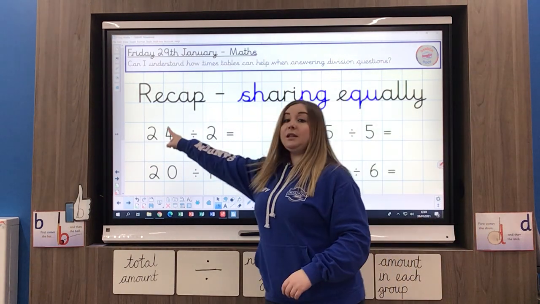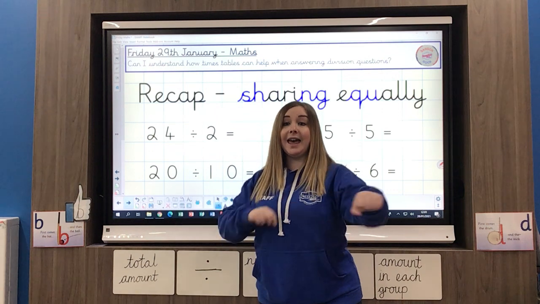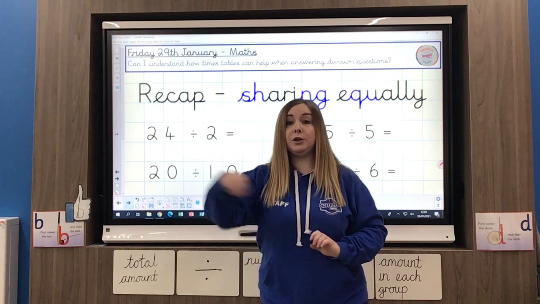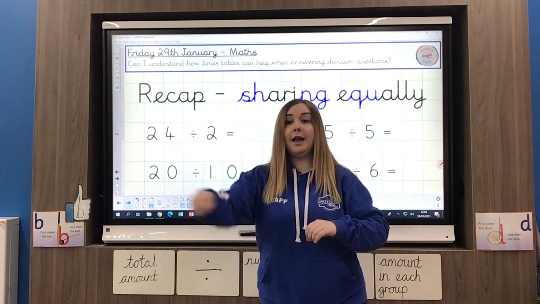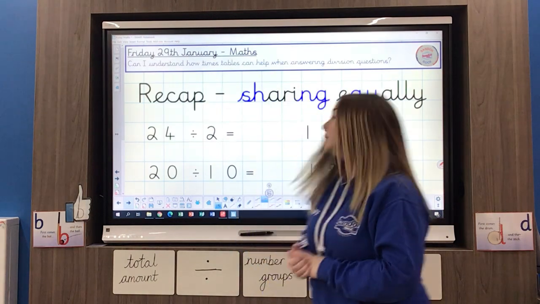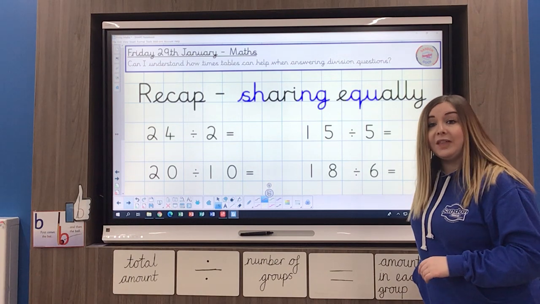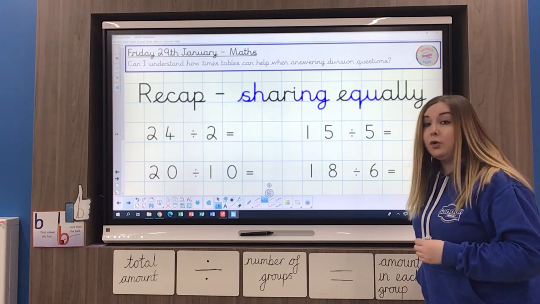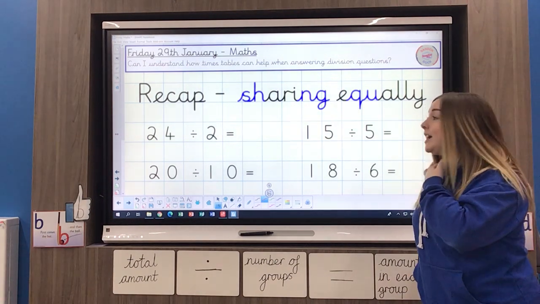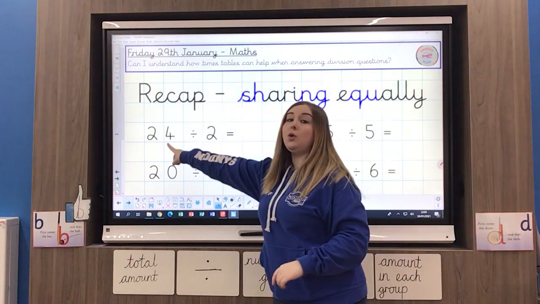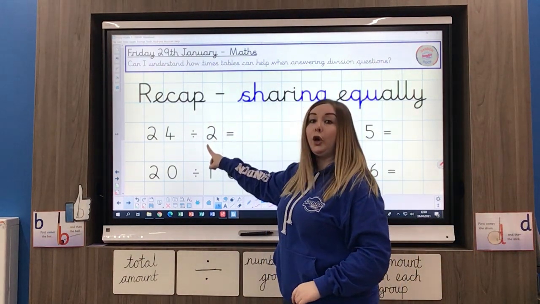So I'll have 24 gems and I'll share them into two groups, putting one in this one, one in that one, and keep going until I run out. And then the answer would be the amount that is in each group. So let's have a little go at sharing 24 by 2.